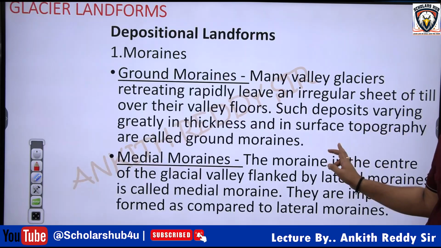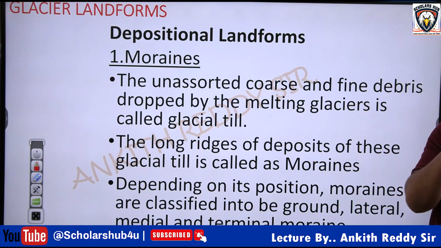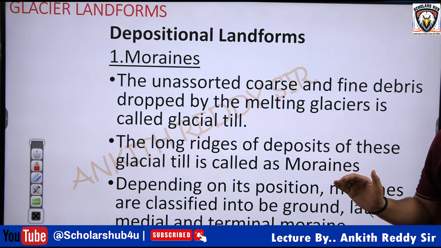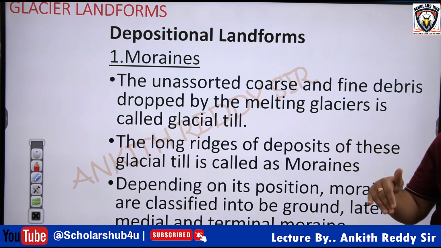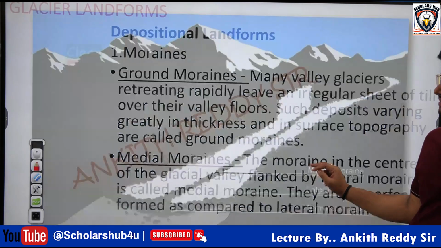Anyways, so what are moraines? The sediments, the unsorted rocks, boulders, carried by the glaciers and deposited on its sides are called lateral moraines, medial moraines, and terminal moraines. That's it. Okay, that's it. Nothing more than that.